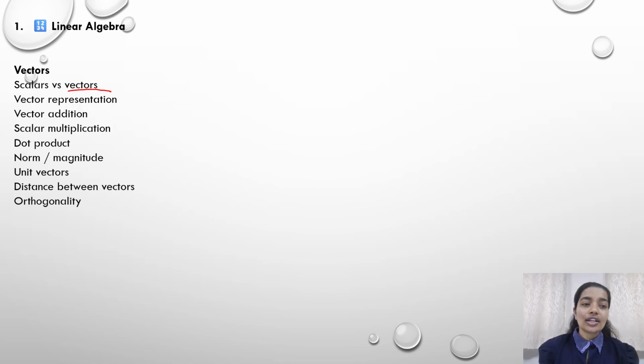So basically, how are vectors represented, their additions, their scalar multiplications, then we have dot product, norm, magnitude, and so this continues. Then distance between vectors. These are some of the topics in vectors that you should know before starting machine learning. Eigenvalues and eigenvectors are also good to know when it comes to vectors.